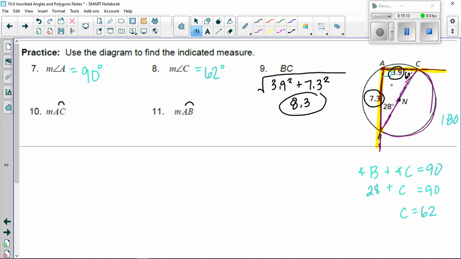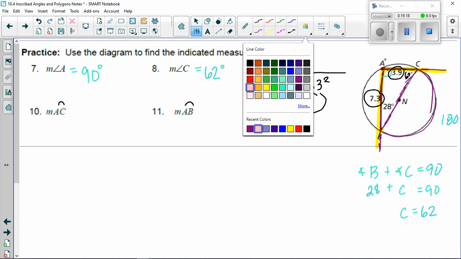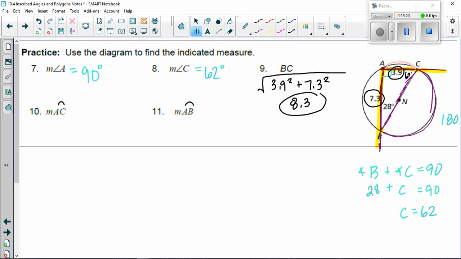So now what is the measure of arc AC? If I go up here and I'm looking for this arc right here, this arc belongs to angle B. So angle B is 28. If the angle is half the arc, then 2 times the angle is equal to the arc.